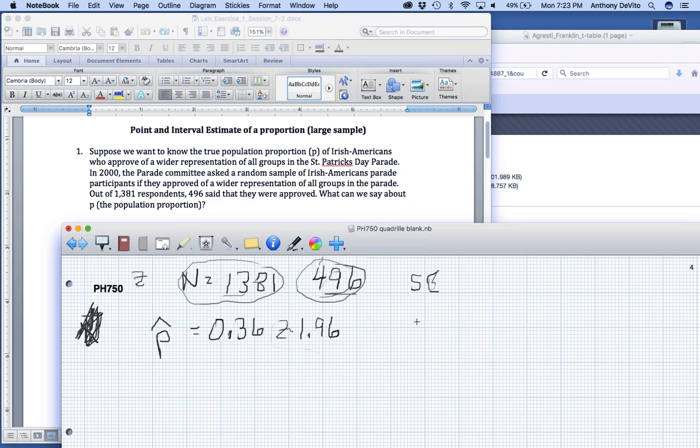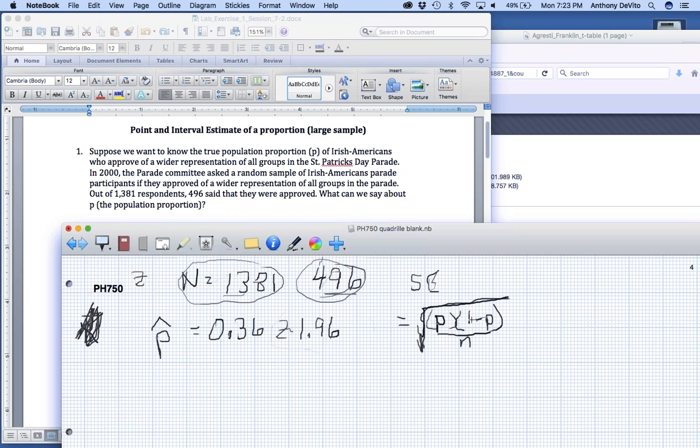So how do I calculate my standard error for a proportion? It's equal to the square root of p times 1 minus p, all of that under the square root sign, over n. You work that out first, and then find the square root. Sometimes in some equations you'll see p times q.